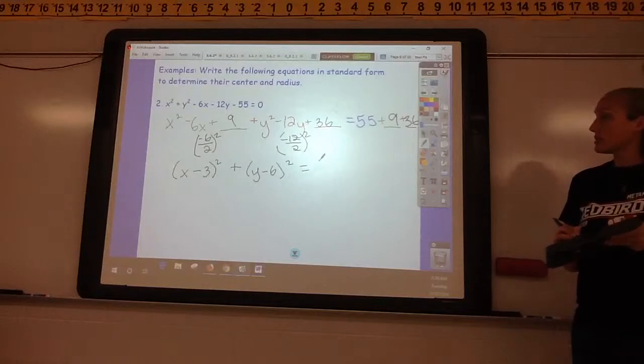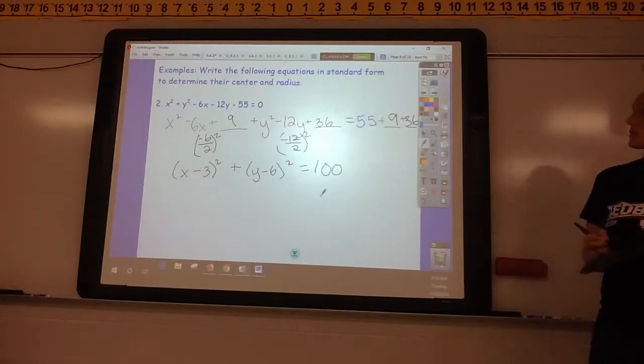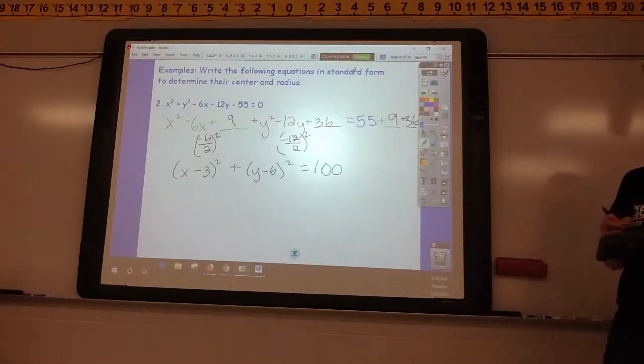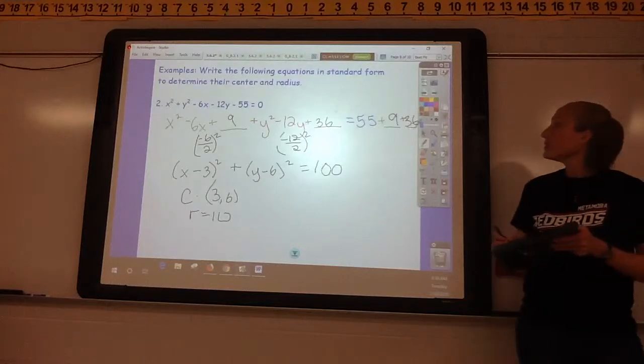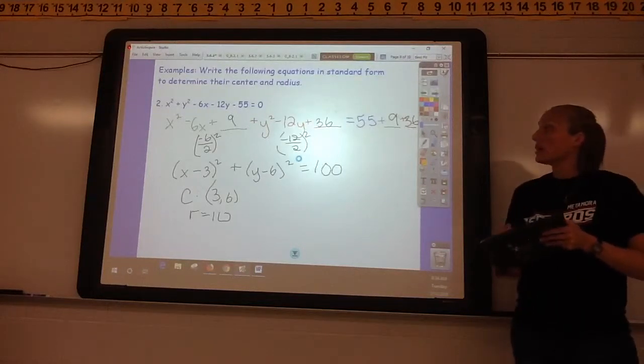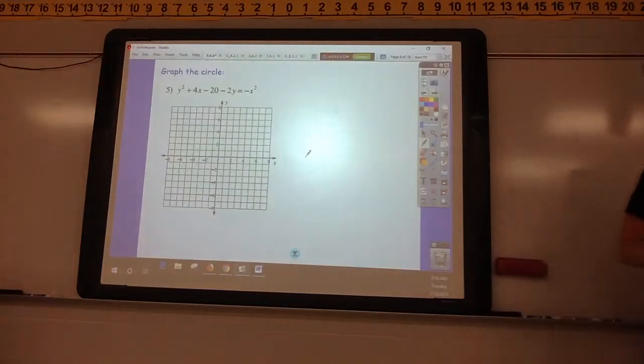And you get 100 in this case. Okay. And remember, we're writing the following equations in standard form so that we can determine the center and the radius. So to answer the question, the center is what? 3, 6, good. And the radius is? There you go. Okay. So that's what you're doing with these kinds of problems.